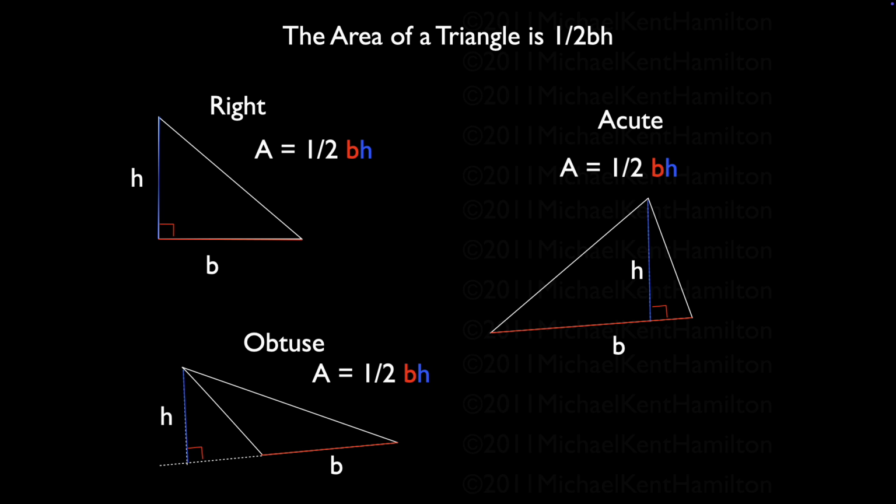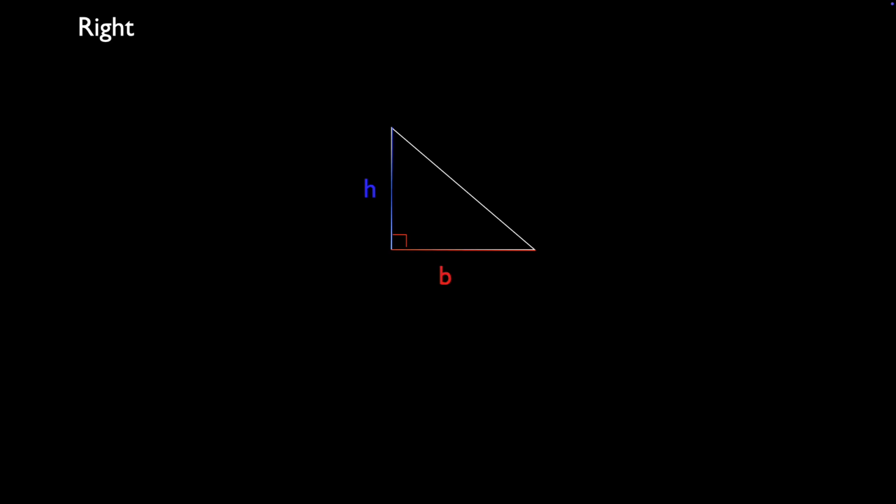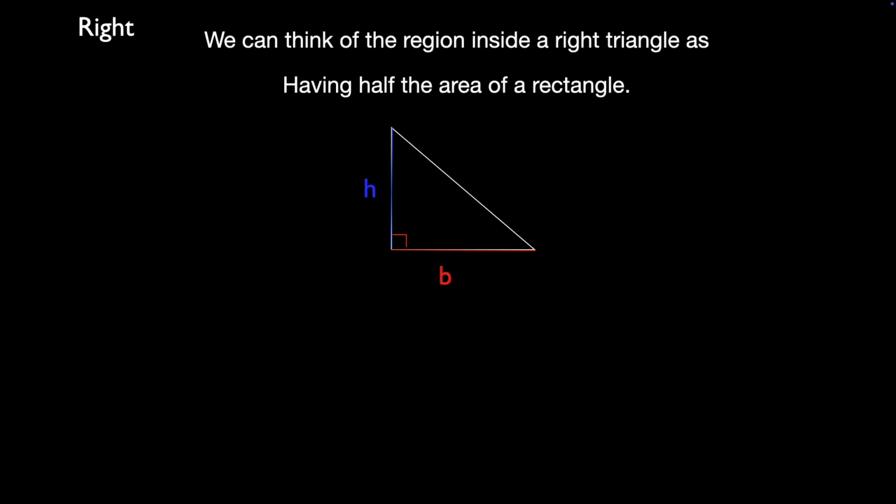Okay, I'll explain why the formula is 1/2 base times height in each case. For a right triangle, what we really have is half of a rectangle. And a rectangle's area is equal to the product of its length and width.